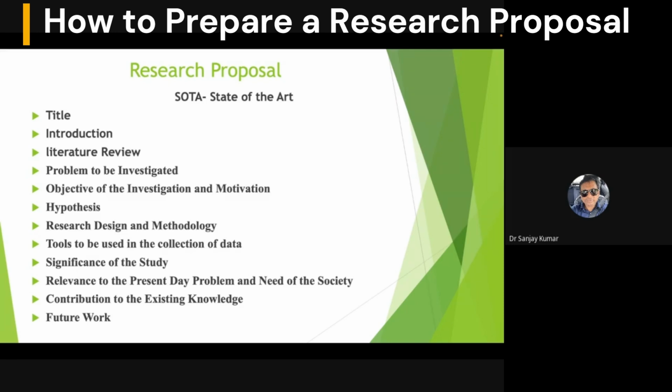Okay, this slide I think has already been elaborated by Santosh sir, but just a recap: a research proposal must contain a state of the art. When I say state of the art, it should not be outdated, not an ancient or prosaic kind of thing.